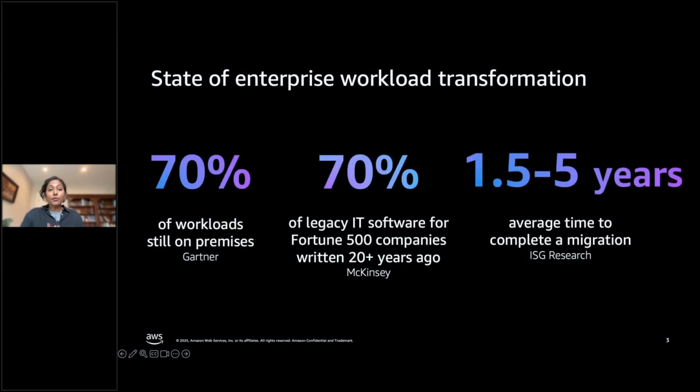Despite what we've heard about the growth in cloud adoption over the past years, we still know that over 70% of workloads are still running on premises. And within these workloads, 70% of them are over 20 years old.